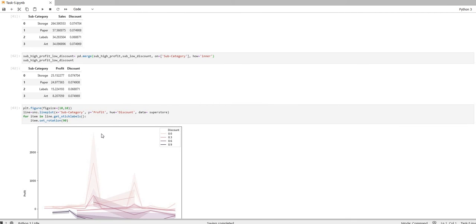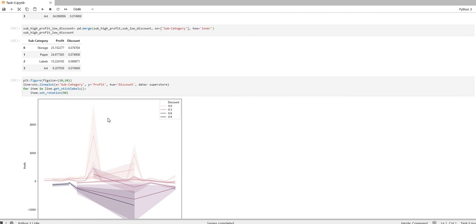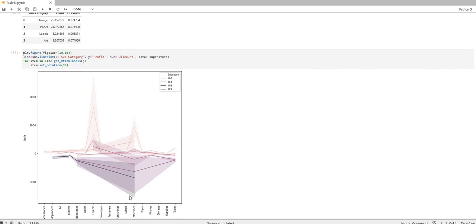Here I have plotted subcategory versus profit with hue discount. This visualization represents that the more the discount, the lesser the profit. The loss tends to get high when there is a high discount.